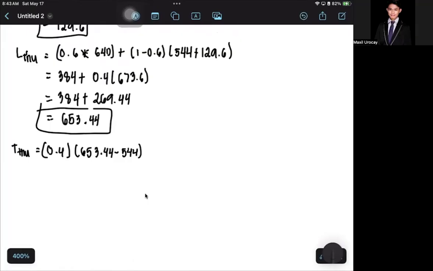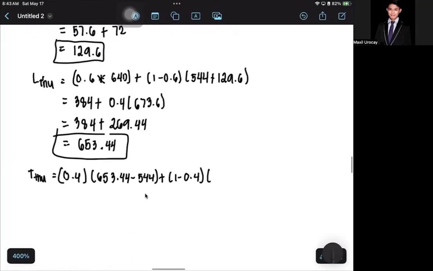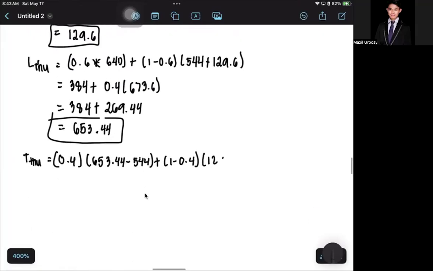And then plus the parameter 1 minus 0.4, times the previous trend, which is 129.6. Okay, so 653.44 minus 544, that will become 109.